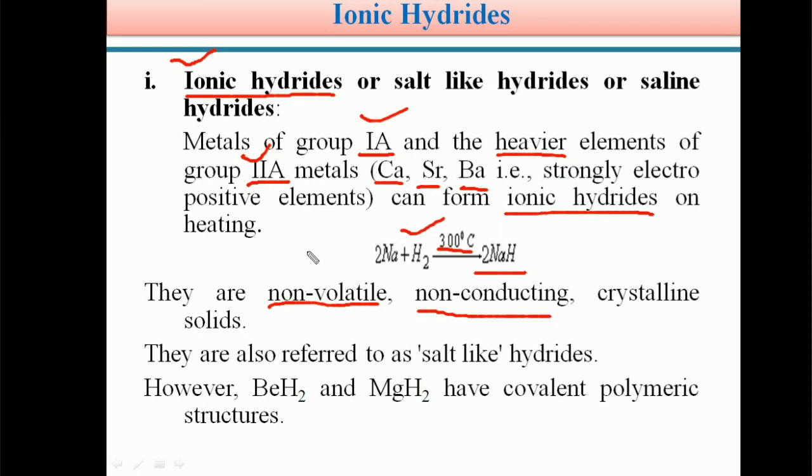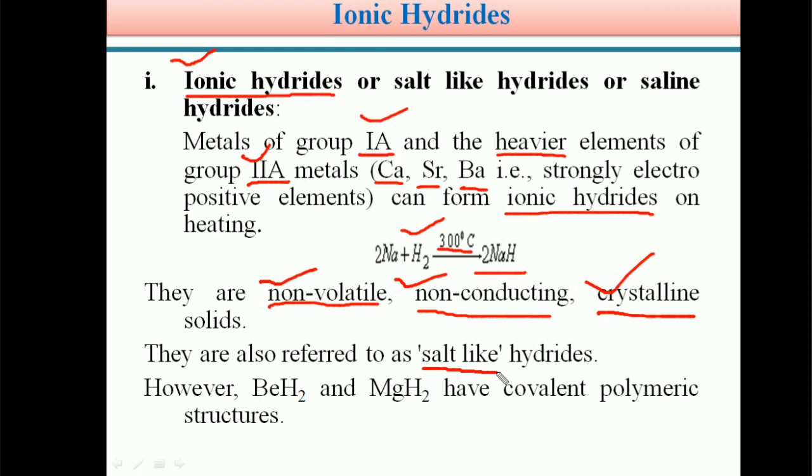Similarly, these ionic hydrides are crystalline solids. So these are the properties of ionic hydrides: non-volatile, non-conducting and crystalline solids. And ionic hydrides are also called salt-like hydrides.